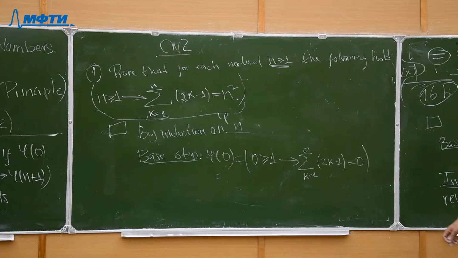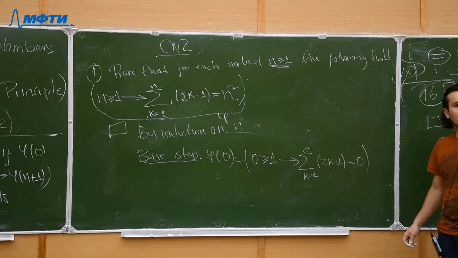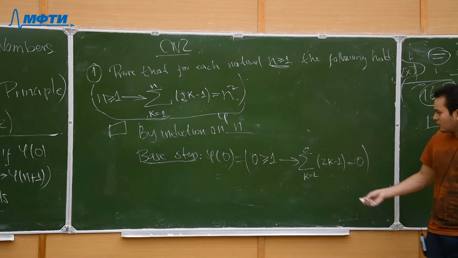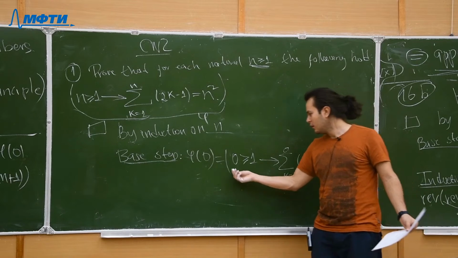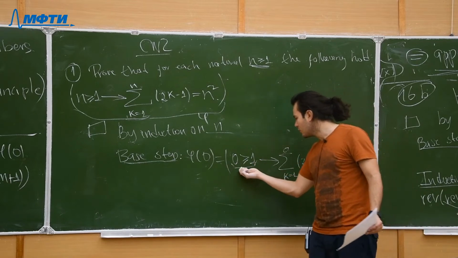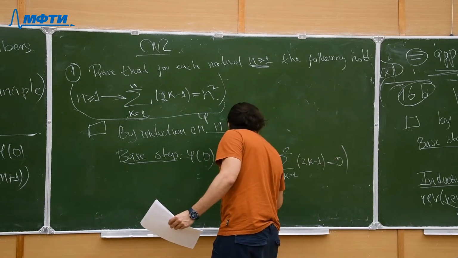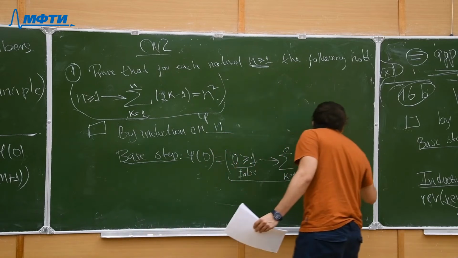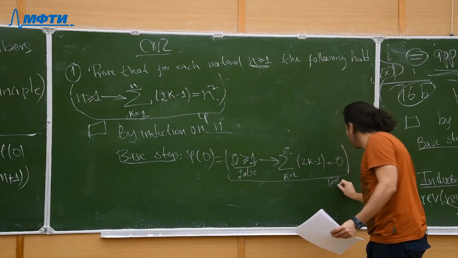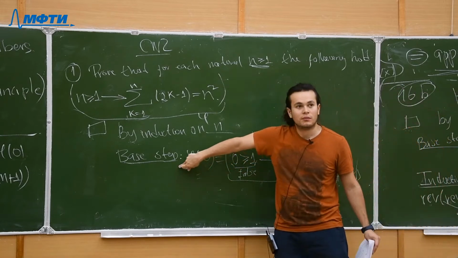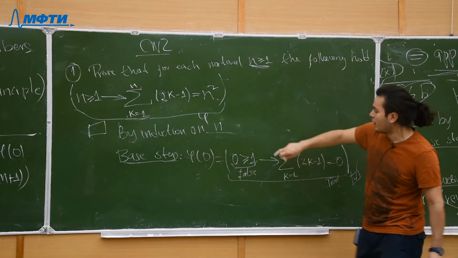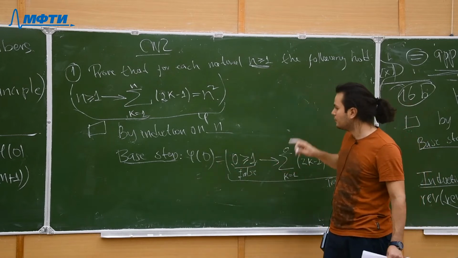What is false? Yes, this is true. Why? Yes, the condition is false, so then this is true. So we checked the base step. Okay, so phi of 0 holds.